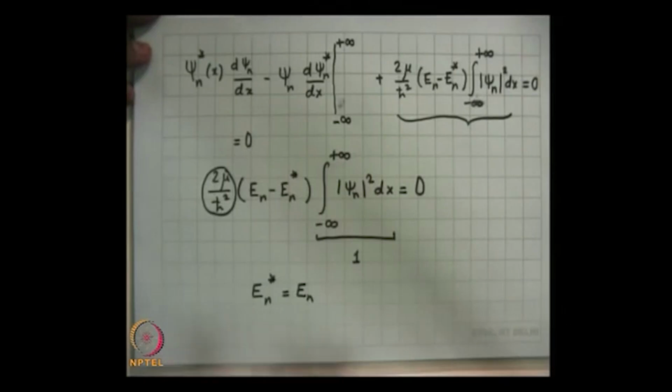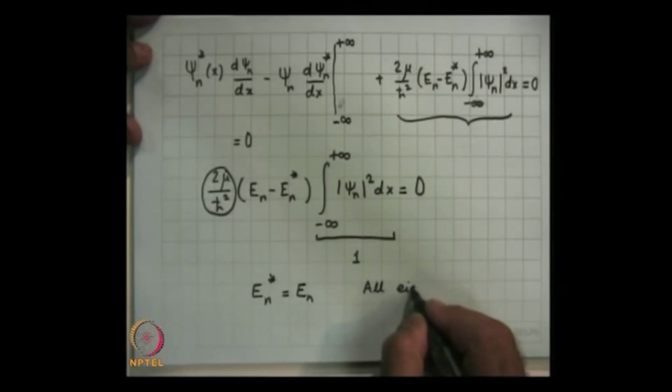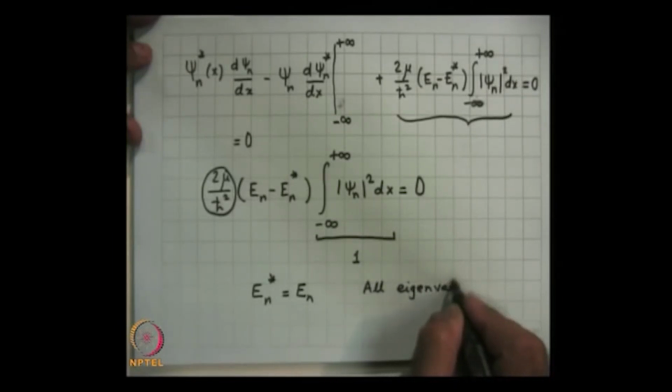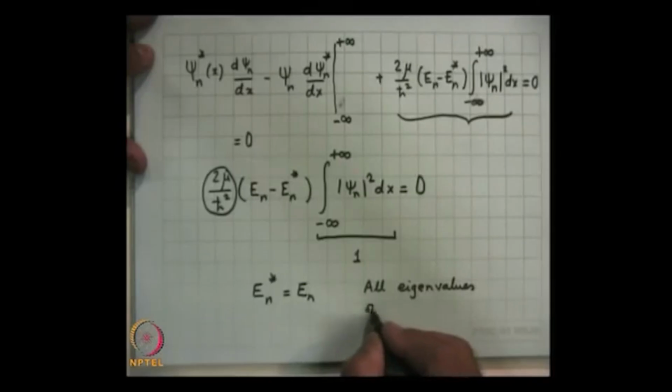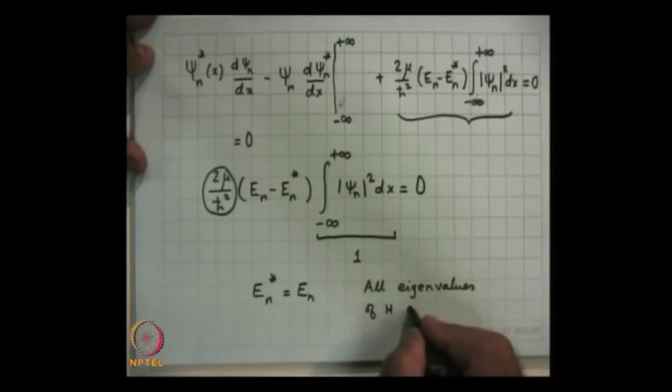That is, all eigenvalues of the Schrodinger equation must necessarily be real. This is an important result, all eigenvalues. We will come back to it when we discuss the Dirac bra-ket algebra, but all eigenvalues of H, the Hamiltonian, are real.